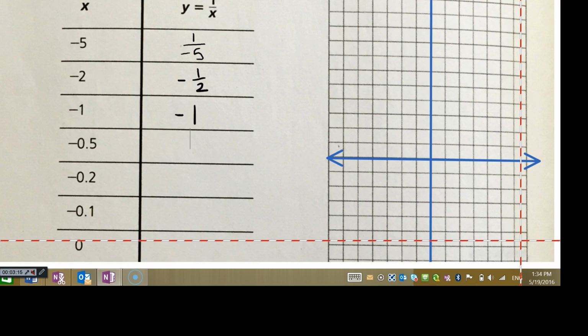Take out your little calculator. Negative 1 over 0.5, that's just negative 2. What about negative 1 over 0.2? That is just going to be negative 5.